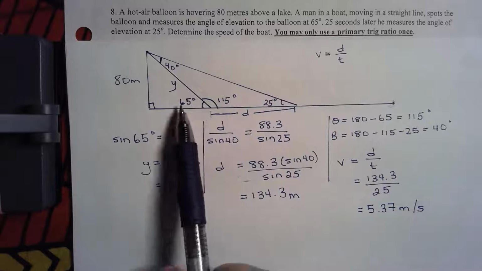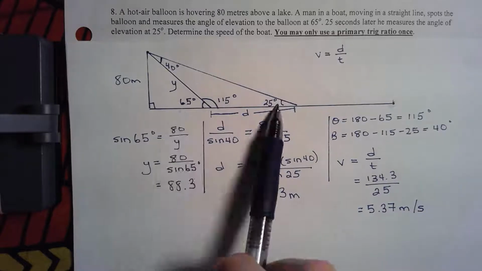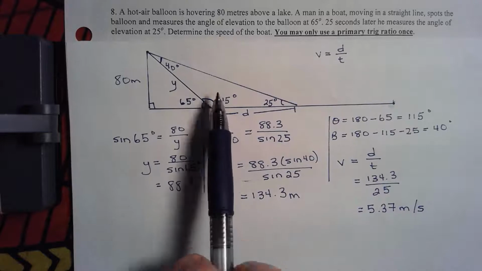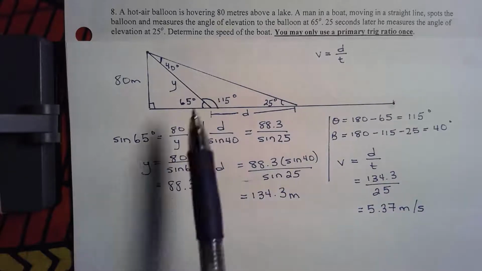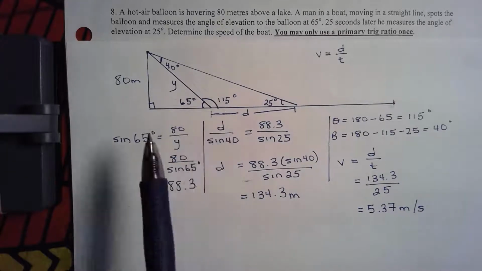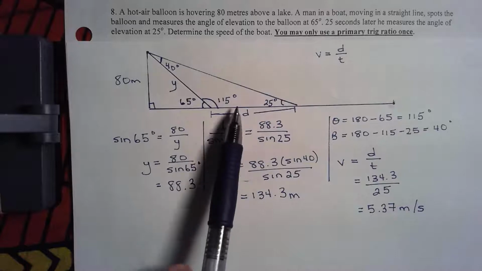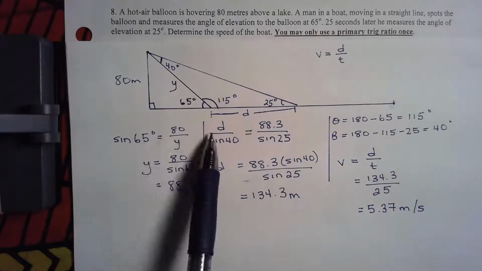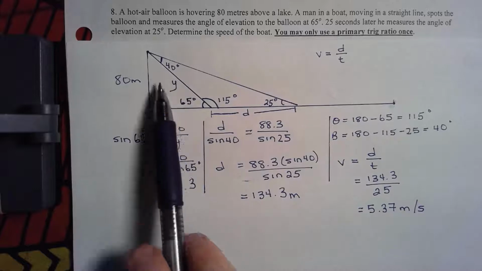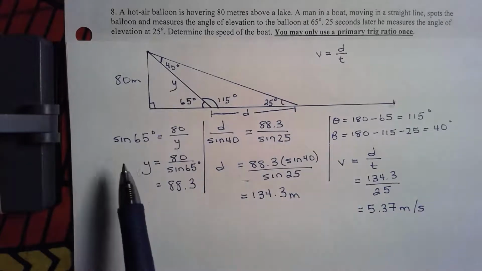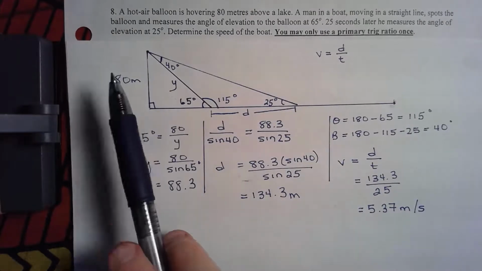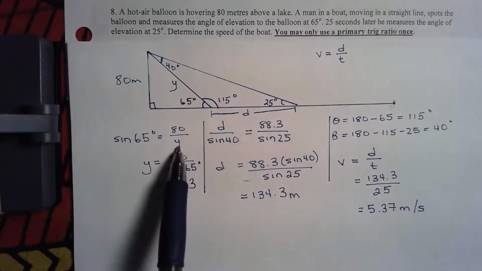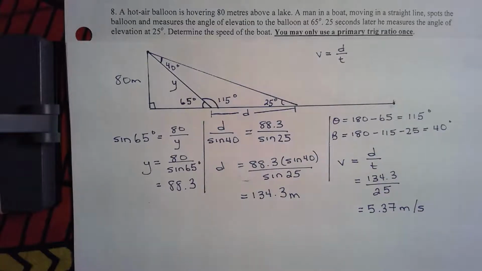Knowing that I only knew the 80, the 65, and the 25, I then calculated the two other angles in this triangle. Once I had the 115 and the 40, I knew that I needed a side and an angle, and a side and an angle. In this case, I chose to solve first for y. I used SOHCAHTOA and did sine of 65 equals 80 over y, rearranged the equation to solve for y, and got 88.3.